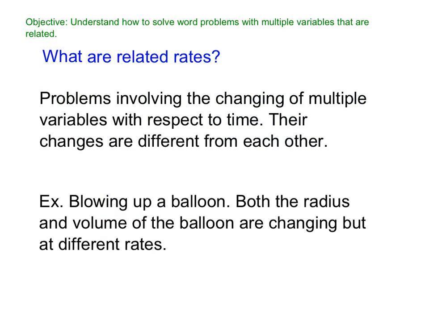Okay, so we are working on word problems called related rates problems. So related rates, so rates that are related. They're problems involving the changing of multiple variables with respect to time. But they're not changing at the same rate, right? Like slope of a line, like the cars are driving, and the rates are very specific.